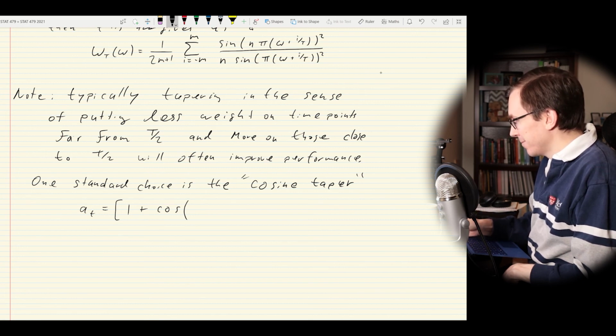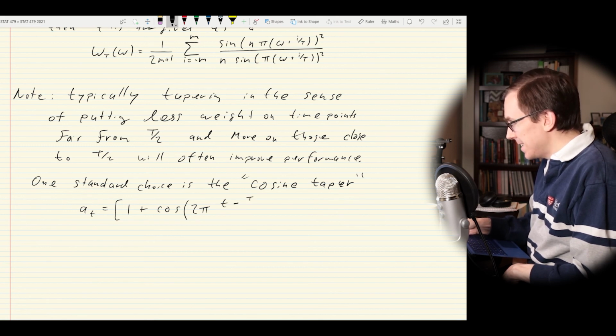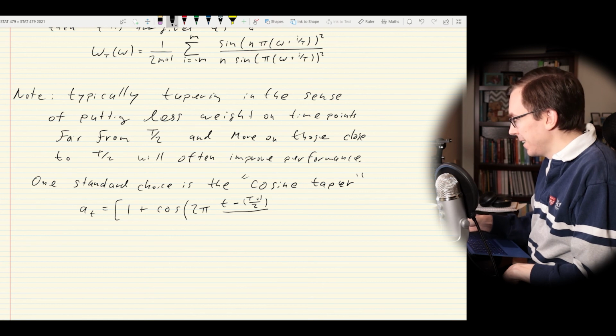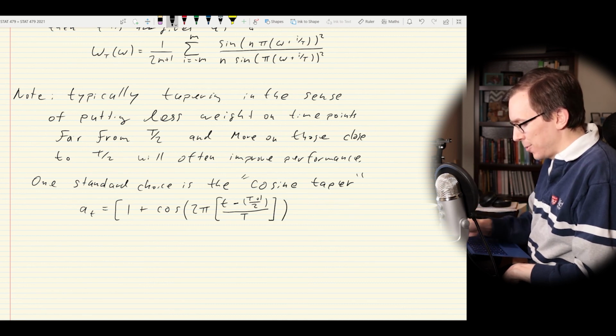It should be 2 pi (t minus (T plus 1) over 2) divided by T. Something like that. I think this whole thing gets a 1/2 out front that I forgot to write.